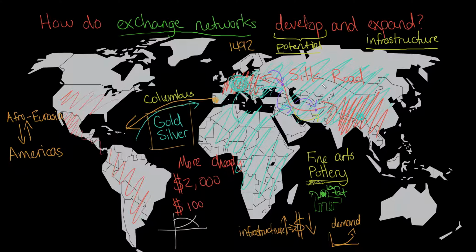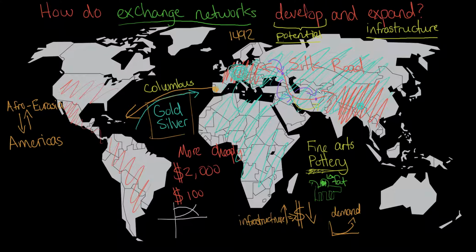So, in conclusion, the answer to the question, how do exchange networks develop and expand, really rests upon these two factors: the potential for gain that exists on either side, particularly the dominant side, in this case the Europeans for the Americas, and the potential, in the Silk Road's case, for the Asians to make money, and for the Europeans to get products and goods.